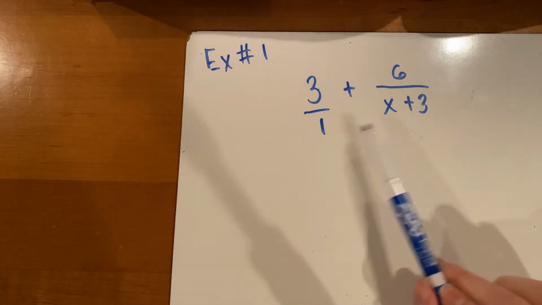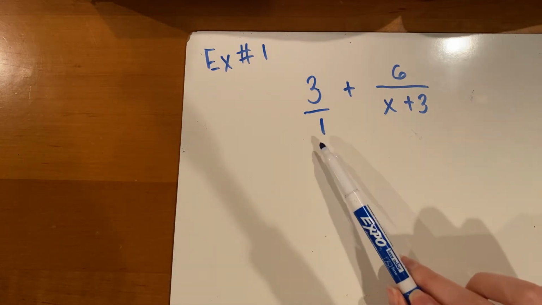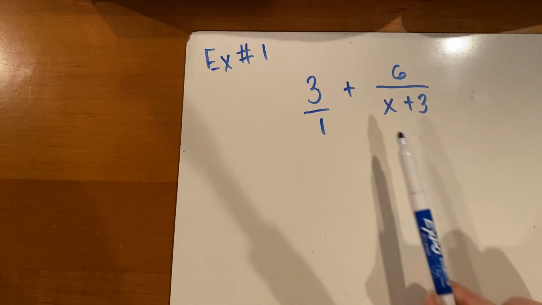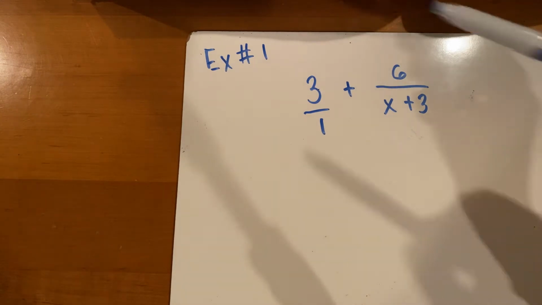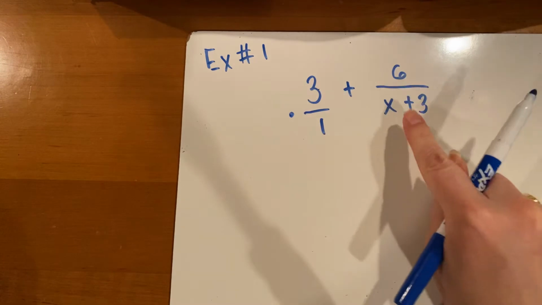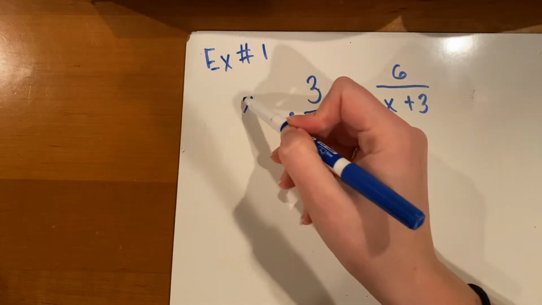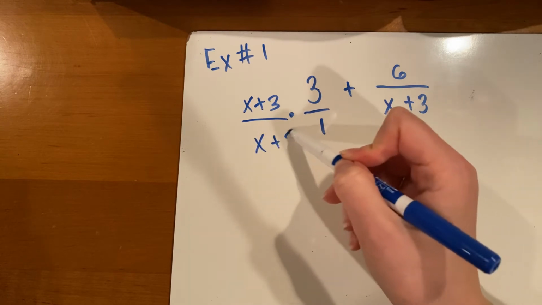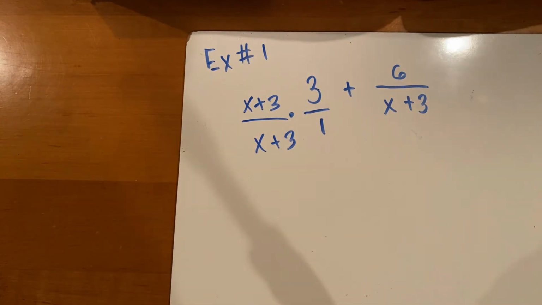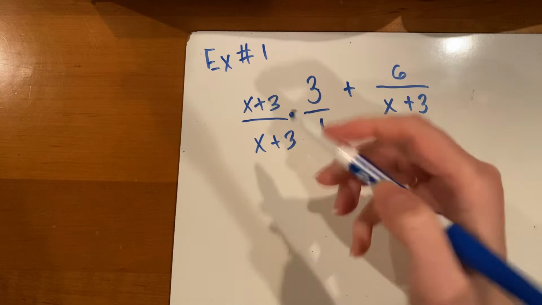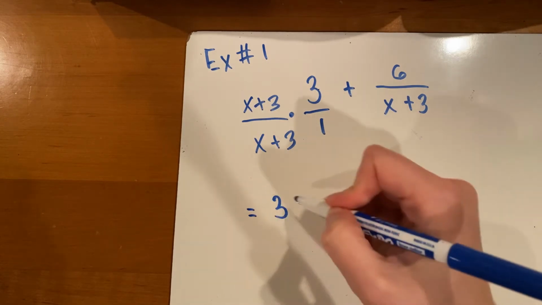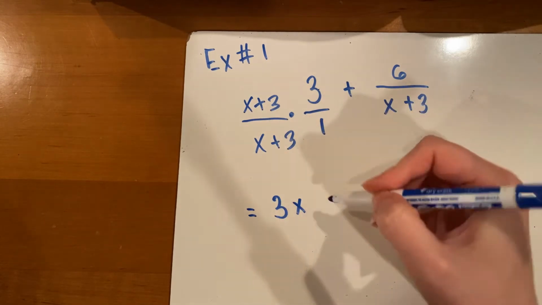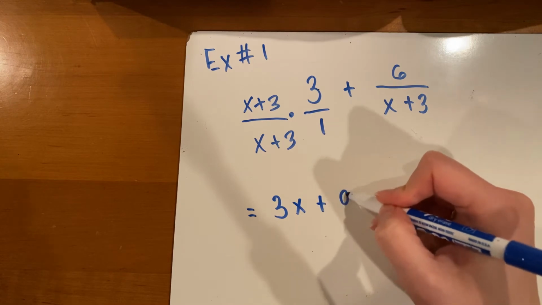Well, we know in order to add them, we need to get our first fraction to have the same denominator as our second, which is x plus 3. So we have to multiply our first expression by this denominator of x plus 3. So x plus 3 over x plus 3. 3 times x is 3x, plus 3 times 3 is 9.